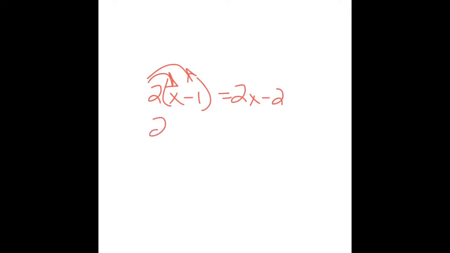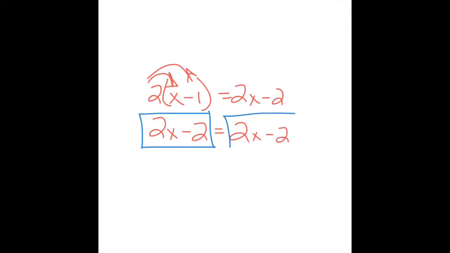Another example could be something like 2 times x minus 1 equals 2x minus 2. When I distribute, 2x minus 2 equals 2x minus 2, you'll notice that both sides of the equation are exactly the same.